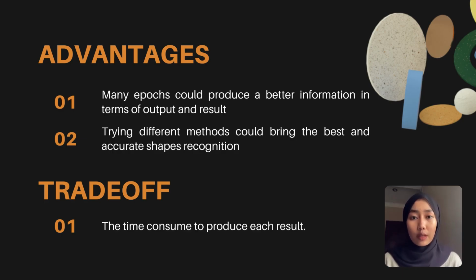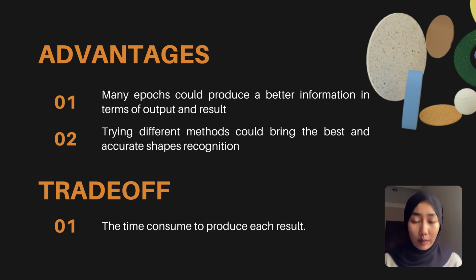Through this project, we can see more clearly the advantages of using machine learning to produce accurate results for classification. We learned that when we use many epochs, it can produce better output and results. We also learned that trying different methods could bring the best and most accurate shape recognition.